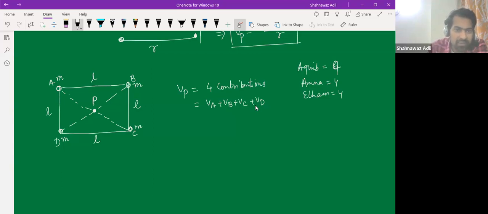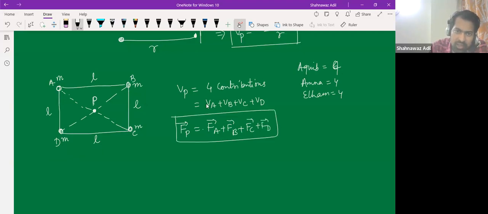If we had to calculate Newton's force of gravitation, that would have been problematic, because if they told us to calculate FP, we would have to use vector addition. But this potential is a scalar quantity, so we'll just algebraically add. This we have to keep in mind.